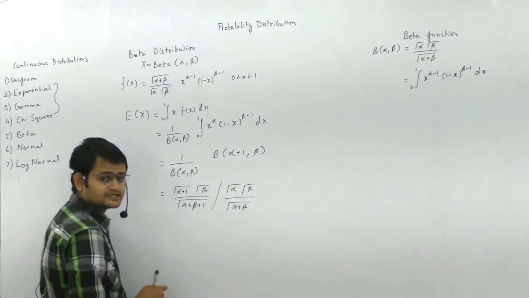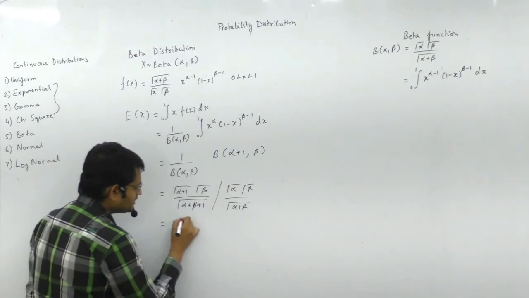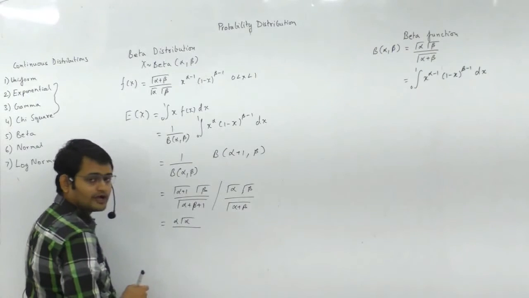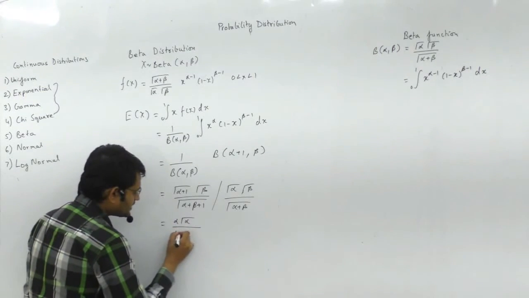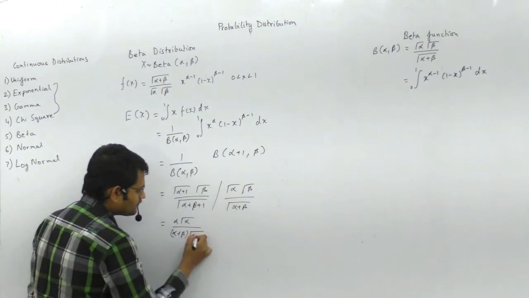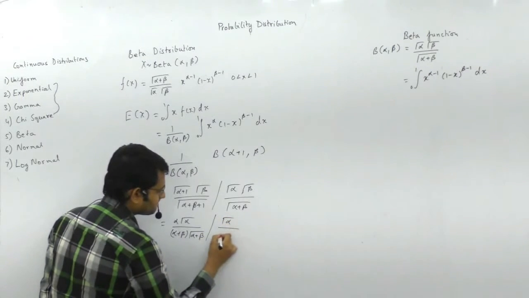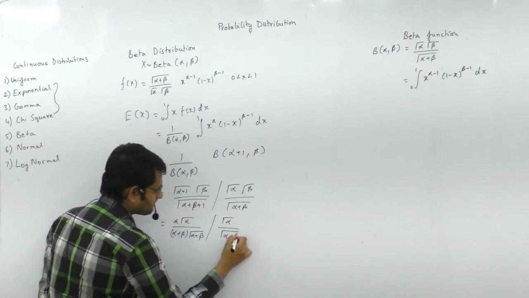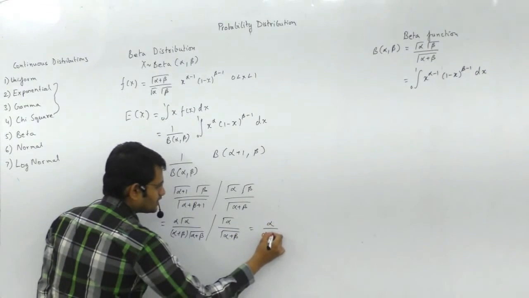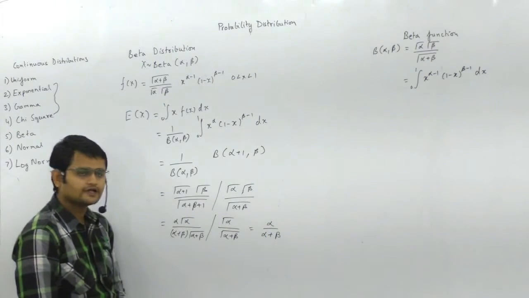Gamma of beta will cancel out, and gamma of alpha plus 1 can be written as alpha into gamma of alpha, and gamma of alpha plus beta plus 1 can be written as alpha plus beta into gamma of alpha plus beta. So we'll have expected value as alpha upon alpha plus beta. This becomes our expected value.